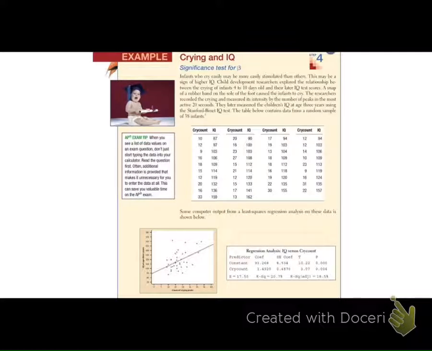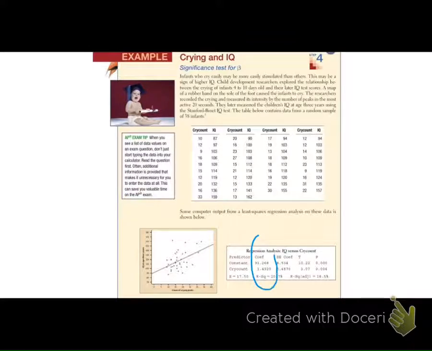Now, after having read the problem, at the bottom of the page we see a scatter plot, and then we also see regression output, regression analysis, IQ versus cry count. So in that regression output, locate the coefficient column.